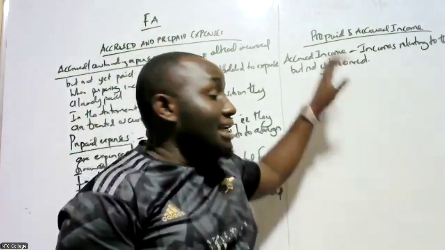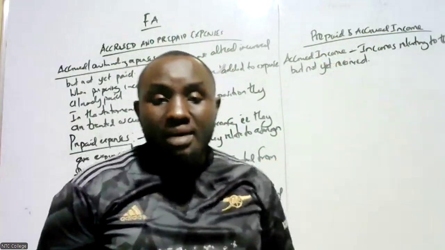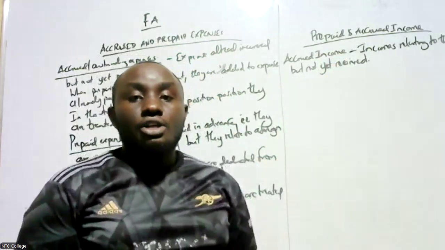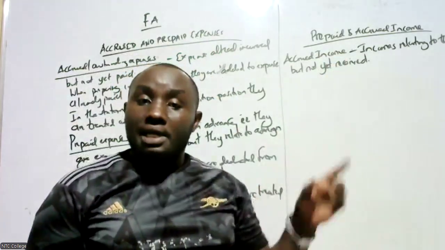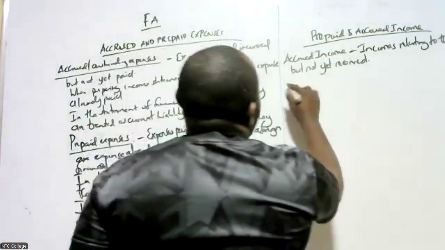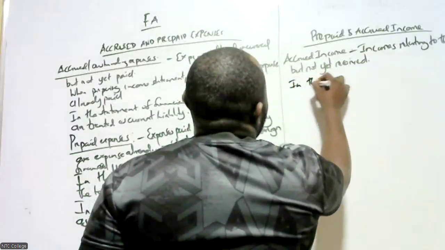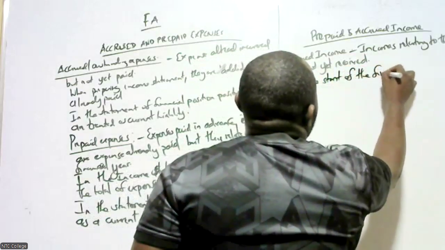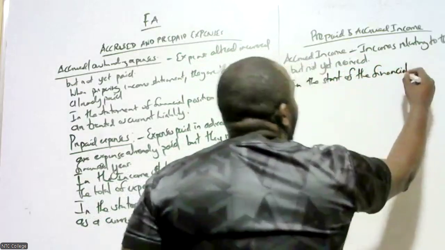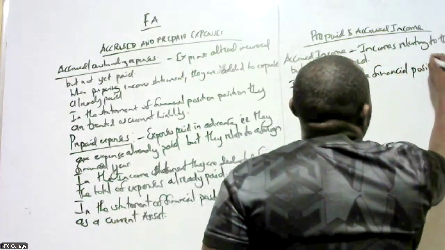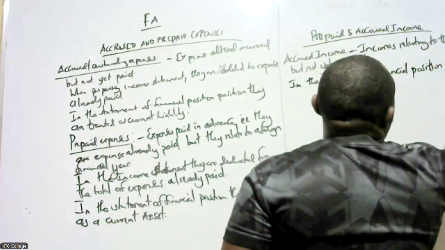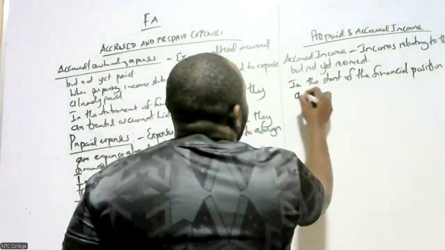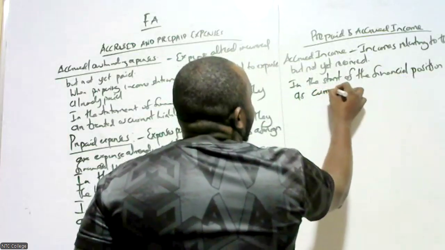So remember, this is an income that is already earned, but money has not yet been received for it. So what is very important, number one, in the statement of financial position, we treat it as a current asset.